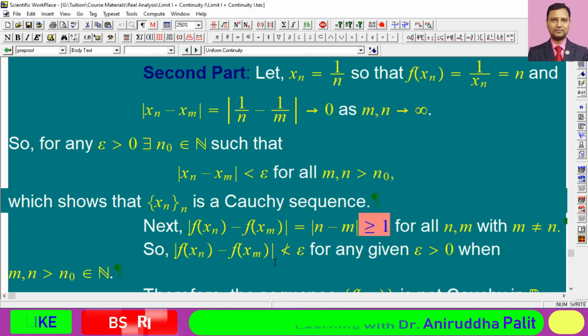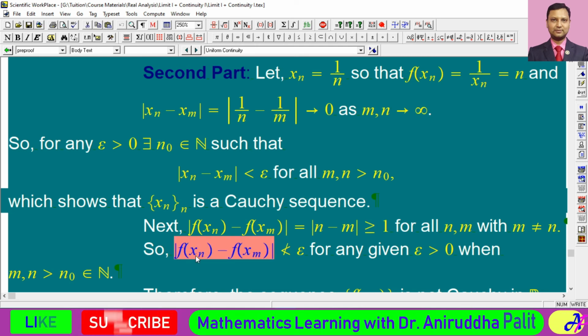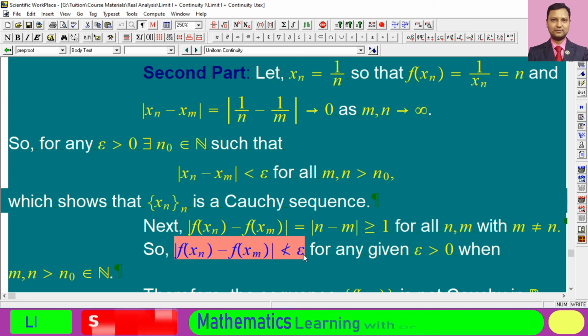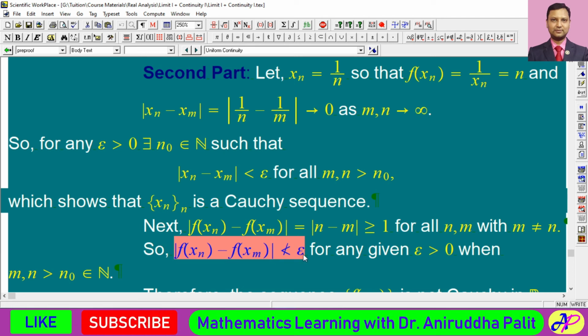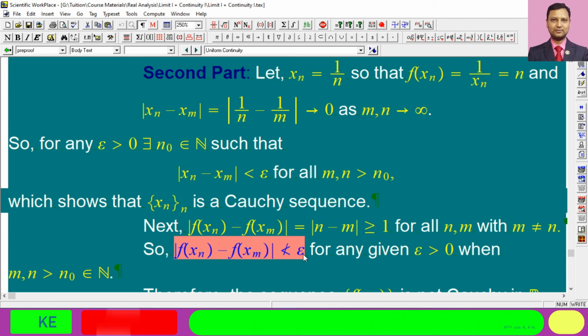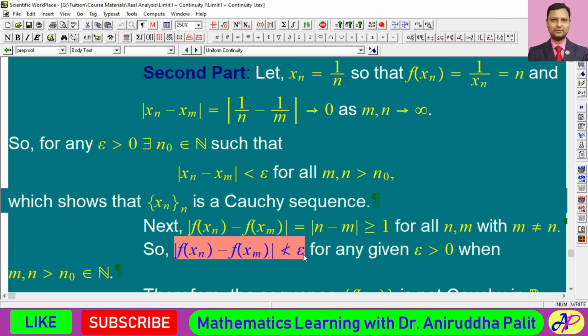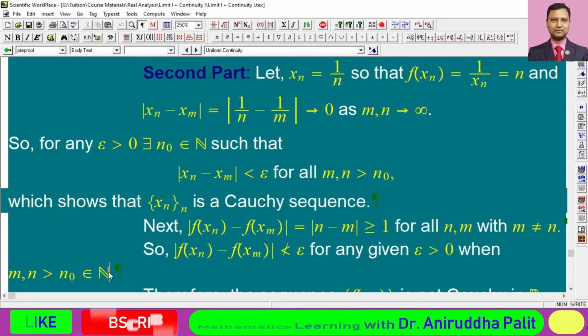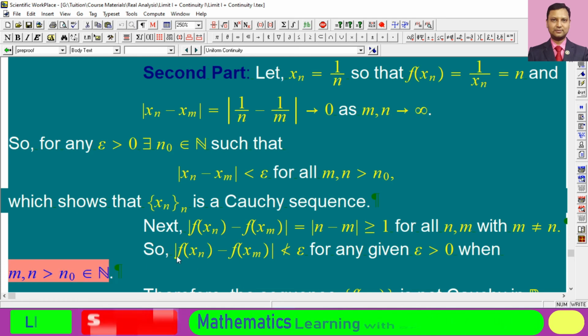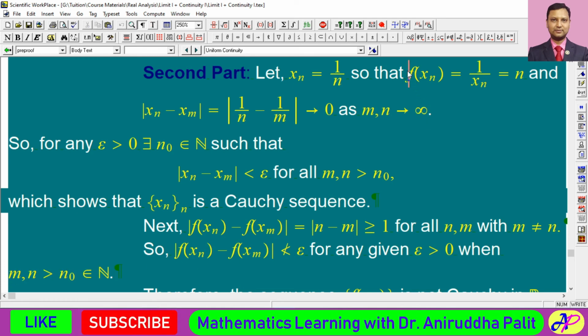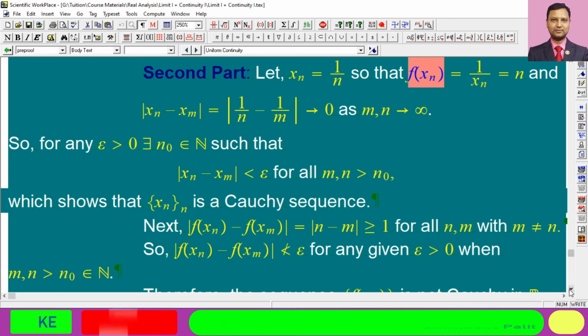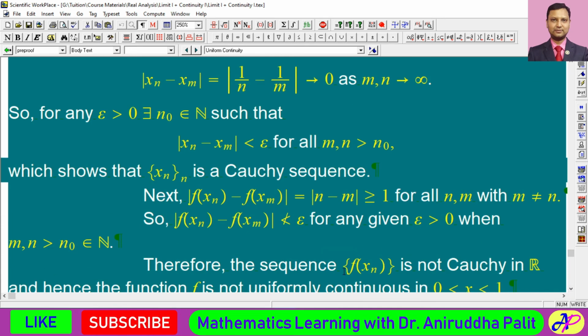So we can say that this difference f of xn minus f of xm is not less than any arbitrary epsilon, for epsilon greater than 0, whenever m and n are greater than n0.